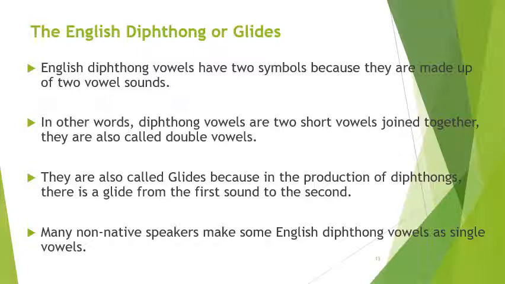You start from the first one, then you move slowly into the second one. And there seems to be a problem, especially with those learning English as a foreign or second language, because they mostly pronounce English diphthongs as single vowels, that is as monophthongs. We'll see examples of diphthongs in the coming slides.